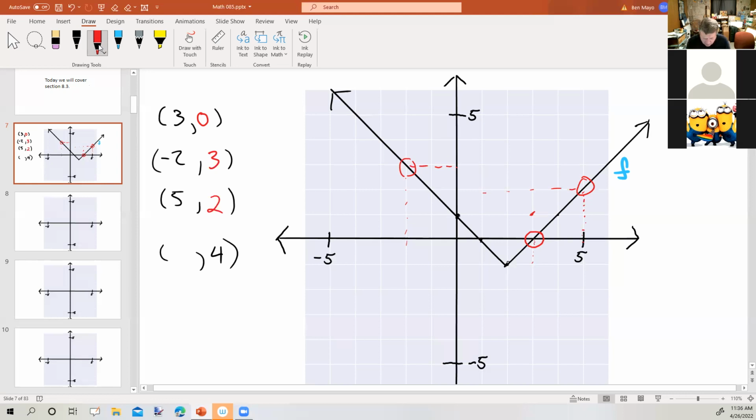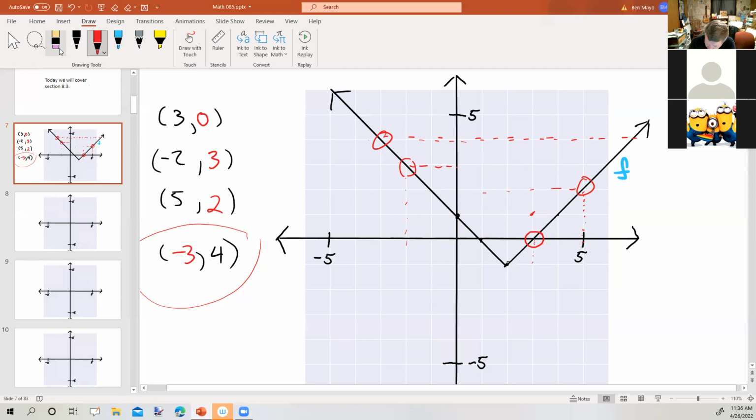Now let's go the other way around. Let's say that we know y is 4. So where on the graph is y equal to 4? Wouldn't that be here? Yes. Negative 3.